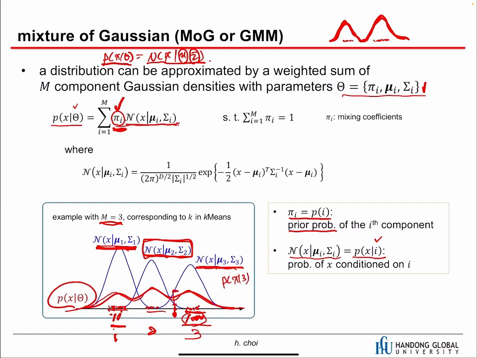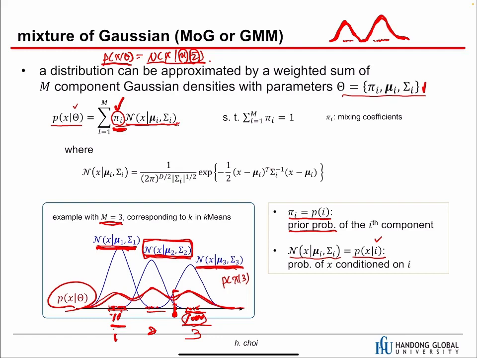So in this case, this point can belong to the third component, but at the same time, it can belong to the second component, but with a different probability. Okay, so now this is a little different from k-means, right?